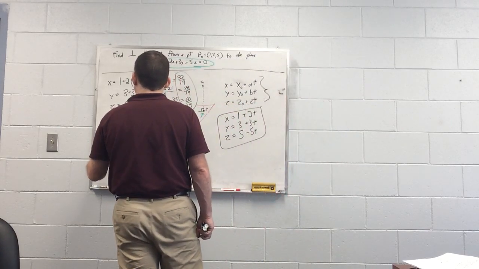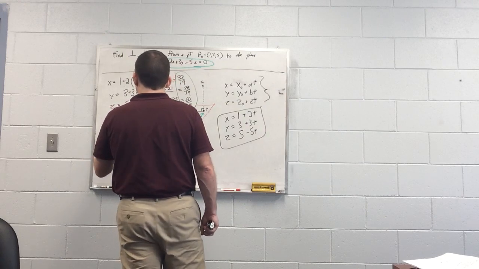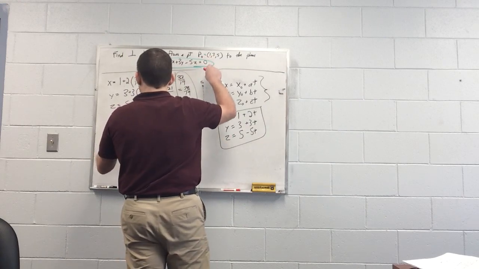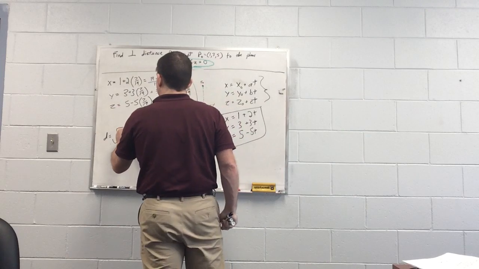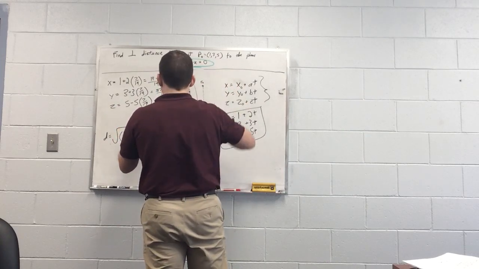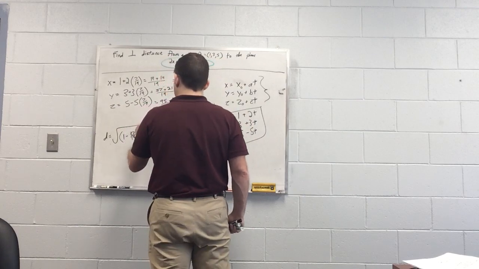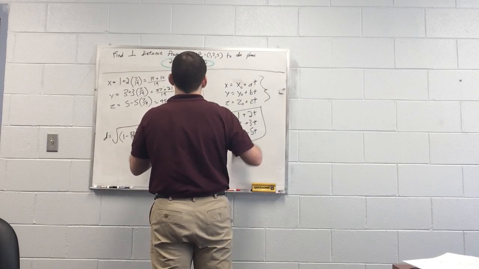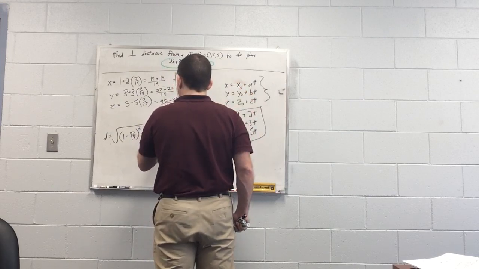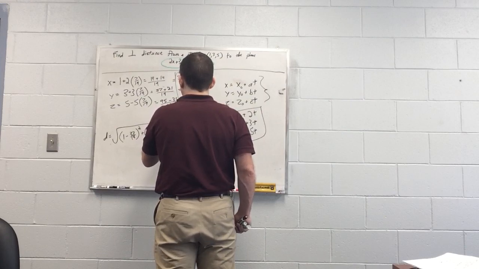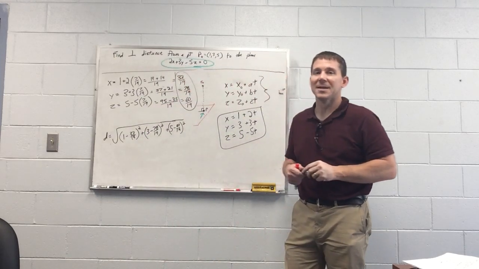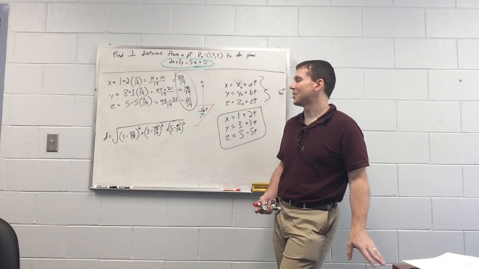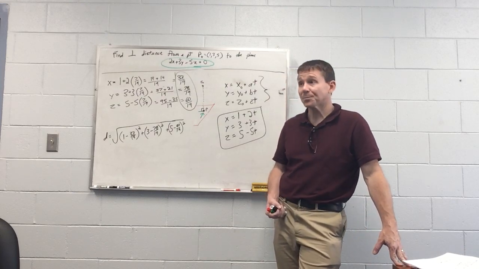The distance is equal to the square root of the change in the x's, 1 minus 33 over 19 squared, plus the change in the y's, 3 minus 78 over 19 squared, plus the change in the z's, 5 minus 60 over 19 squared. All of that square rooted. That's a calculator thing, so you can go into your calculator and get the answer.